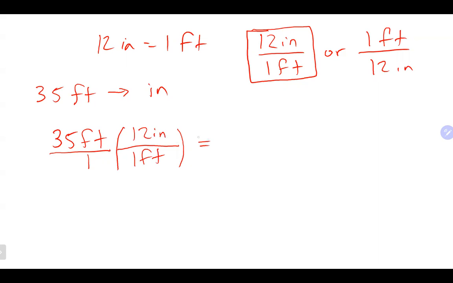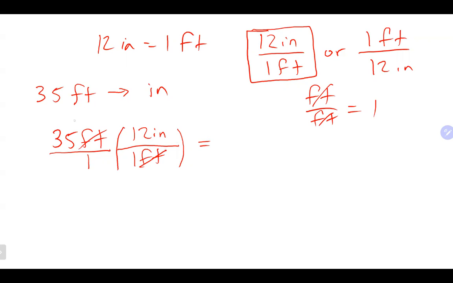Basically what we're doing here is multiplying everything that's up on top and dividing by whatever's on the bottom. And when we look at the units, when they end up in opposite locations like this, we're essentially dividing feet divided by feet, which basically means it equals 1. And that's how they cancel each other out.